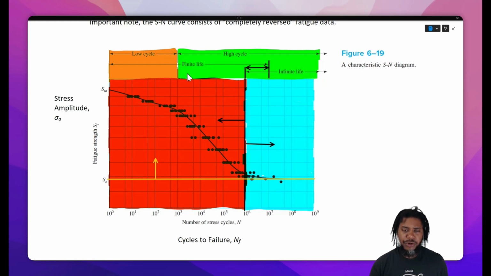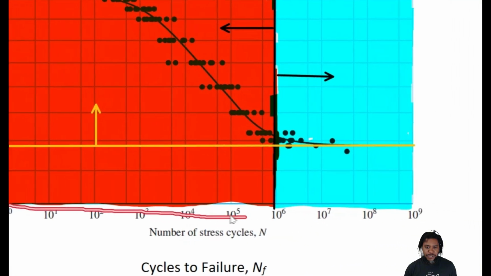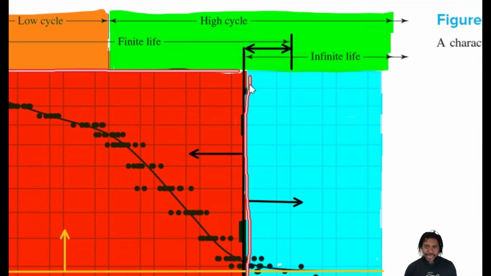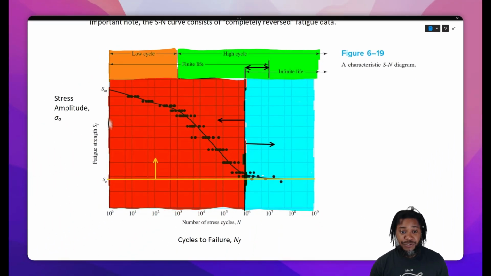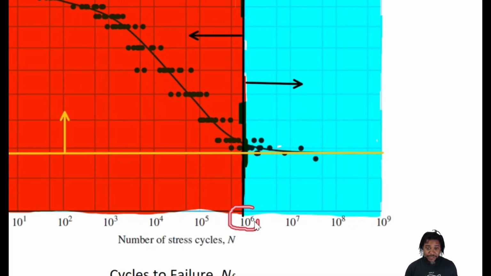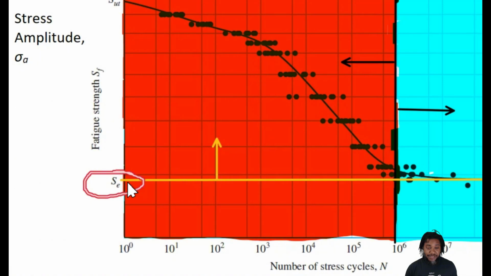Now, there are another 2 regions that are of interest in our stress life curve. One of them is the region that we call finite life, when we are between 0 and 10 to the 6, that's 1,000,000 cycles. There's a finite life in our component. And that 10 to the 6 corresponds to something that we call the endurance limit, SE.